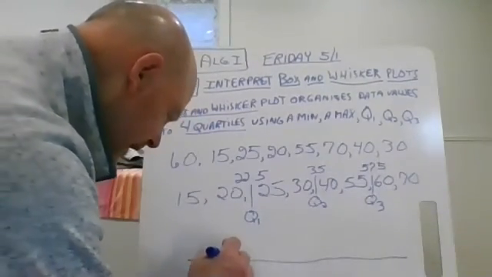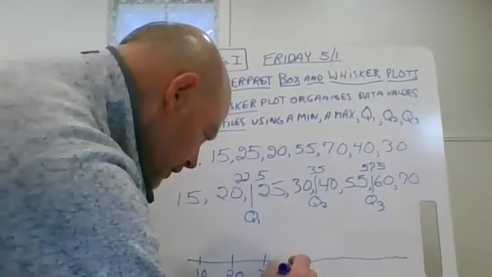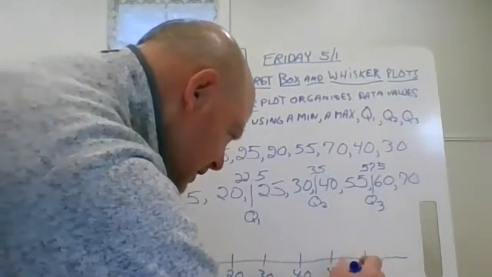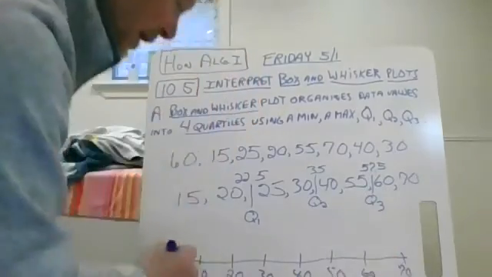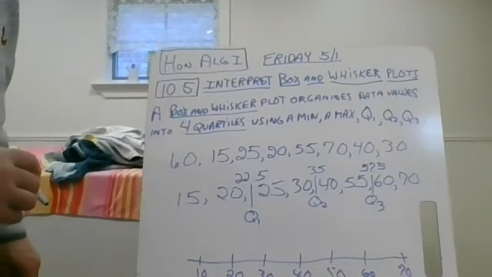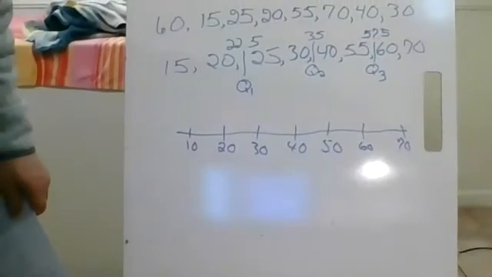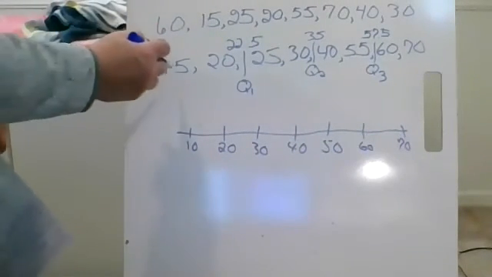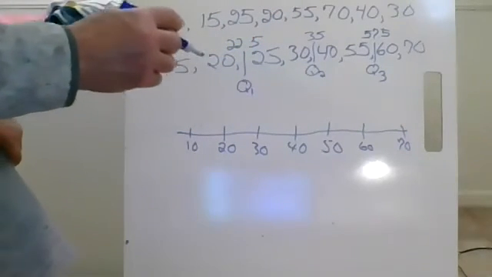So I went with 10, 20, 30, 40, 50, 60, and 70. So there's my number line, 10 to 70 going up by 10s. That's your choice. You decide how to draw your number line to cover the data from 15 to 70 and go up by an equal amount.